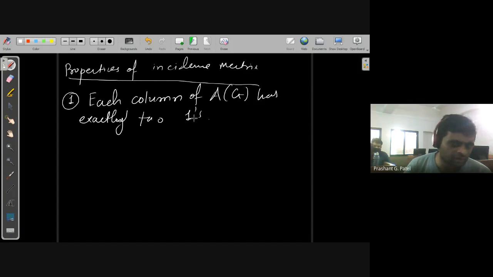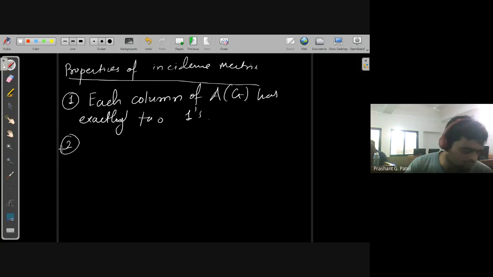This is because every edge is incident with exactly two vertices. That is the reason that every column has exactly two ones.